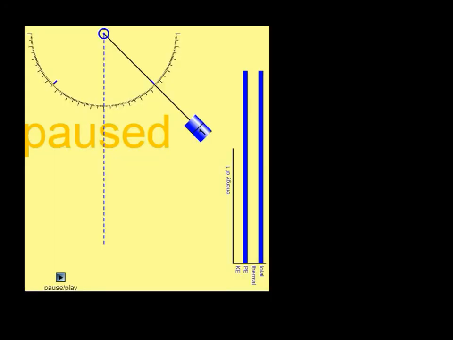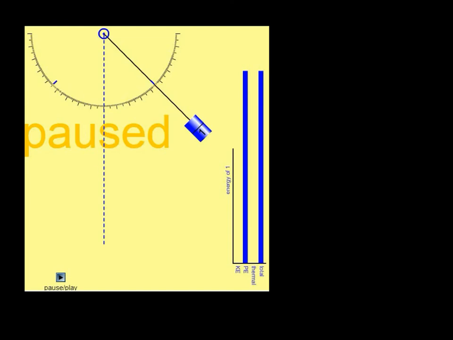Okay, so now we're going to use this simulation here to look at the energy involved in a simple pendulum. You notice here that right now we have potential energy only, and that potential energy is based off of how high it is from the ground. Now, typically we talk about how high it is from its resting spot. So whenever it's at rest, it's down here.